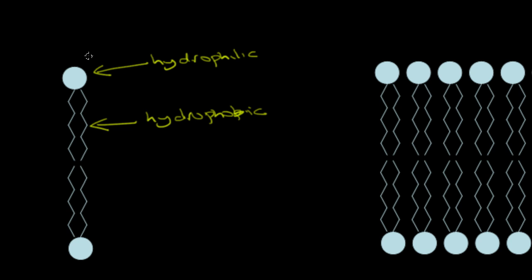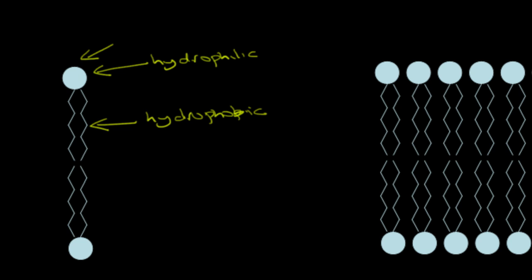So what tends to happen is that the head will point outwards where there is water, and the tail will head inwards, and it's a bilayer, so you get two parts to it. So we've got a phospholipid here and a phospholipid here, and the hydrophobic tail will point inwards away from the water contained on the outside, whereas the hydrophilic head will point outwards where the water is. So as a consequence, you get this bilayer effect here.